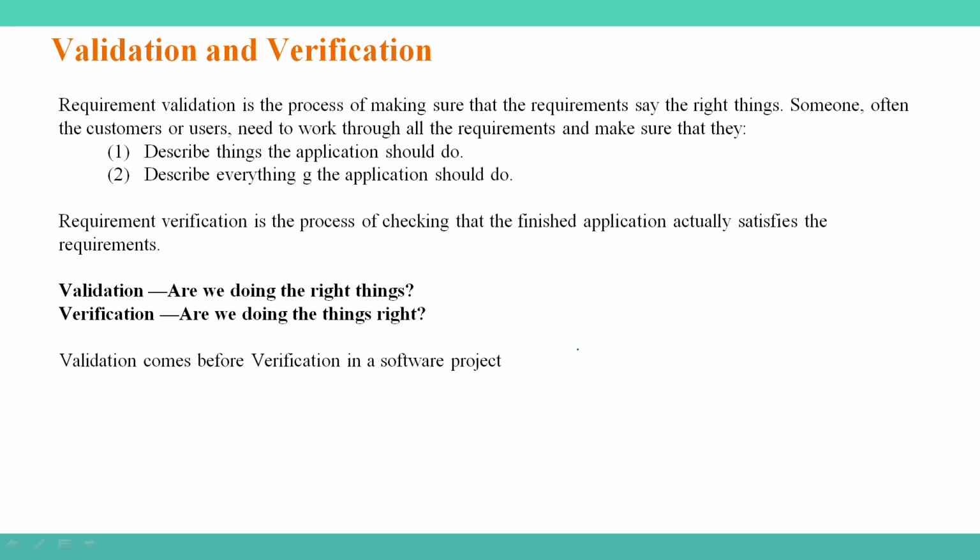Are we building the right product, or are we building the product right? Validation comes before verification. So this is a major part. Validation has to be the first thing, and verification is second.